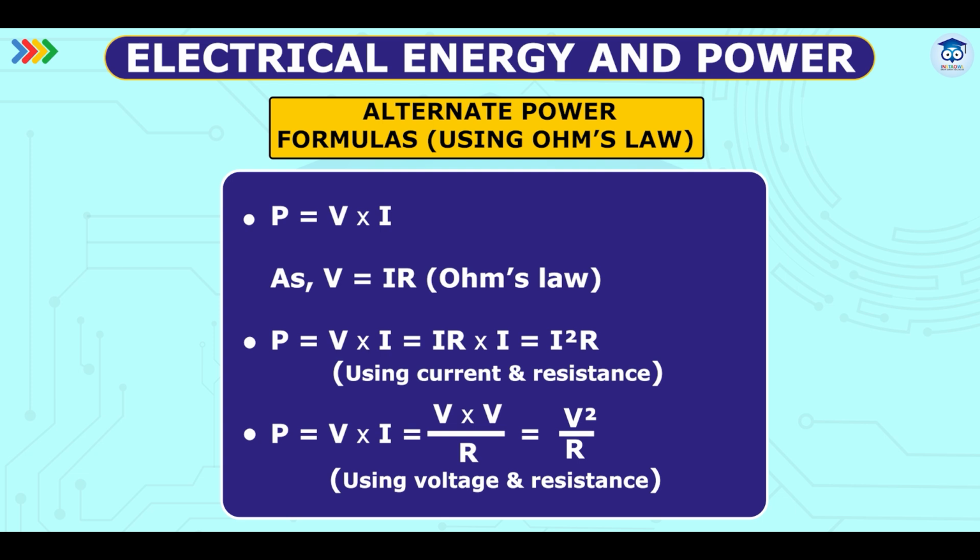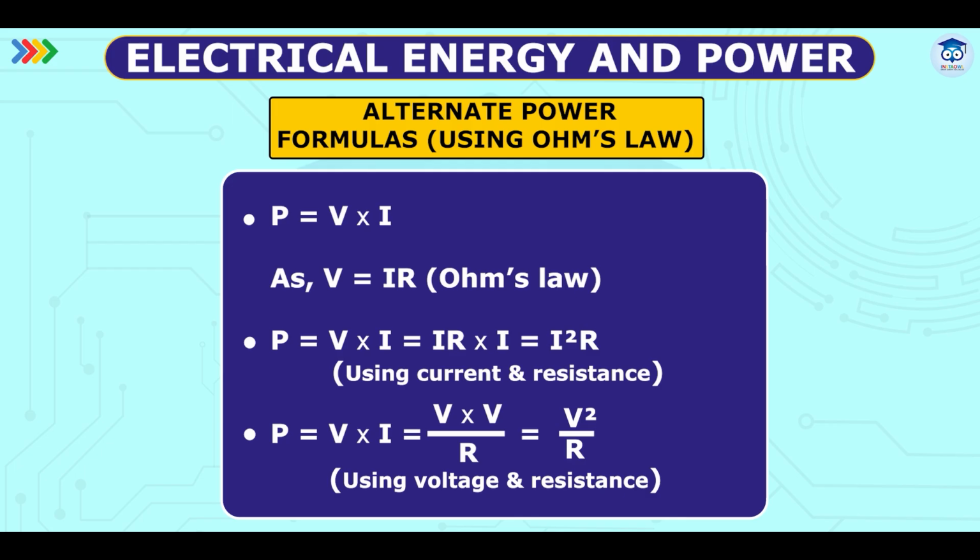We can derive the alternate forms of the power formula using Ohm's law, which states that V = I × R, where R is the resistance in ohms. Substituting this into the original formula, P = V × I, gives us two other useful expressions. If we replace voltage in terms of current and resistance, we obtain P = I² × R, which is used when current and resistance are known.